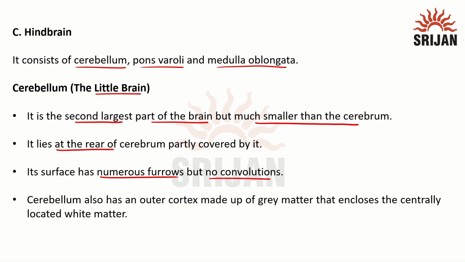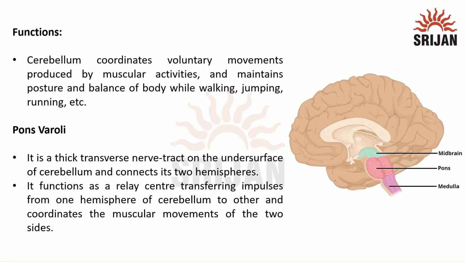The cerebellum also has an outer cortex made up of grey matter enclosing the centrally located white matter. The cerebellum's function is to coordinate voluntary movements produced by muscular activities. It maintains the posture and balance of the body while walking, jumping, running, etc.